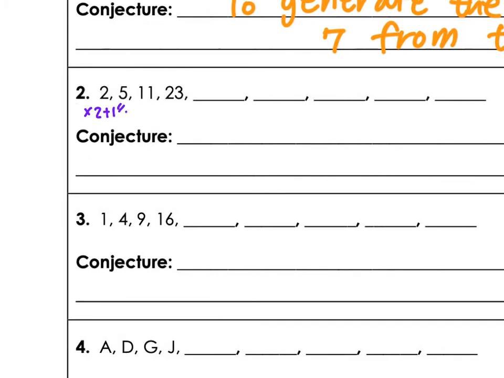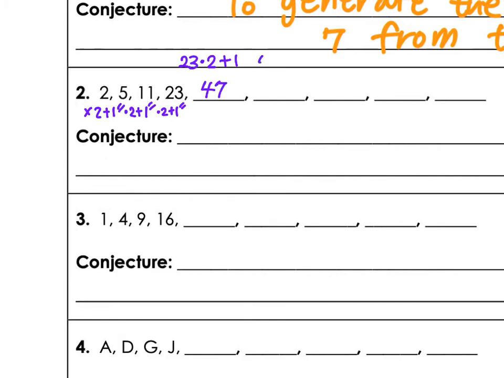So 5 times 2 plus 1 will be 11. 11 times 2 plus 1 will be 23. So the next number should be 23 times 2 plus 1, which is, that's right, 47.